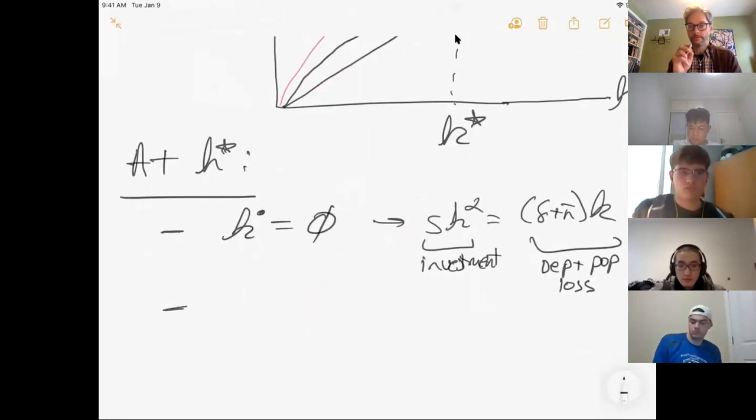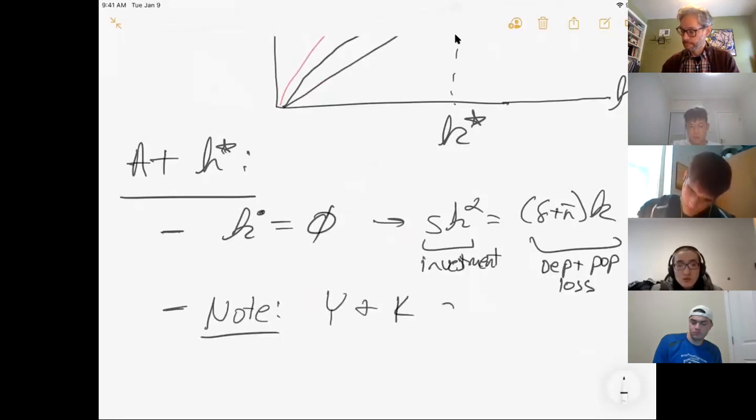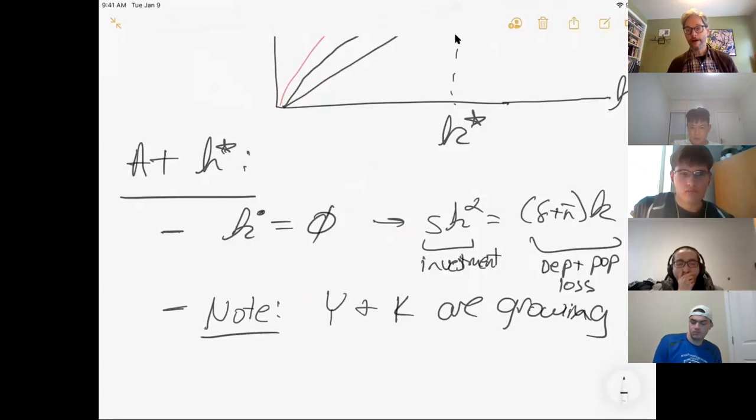Okay, now, very importantly, note here that the level of output and the level of capital are growing.